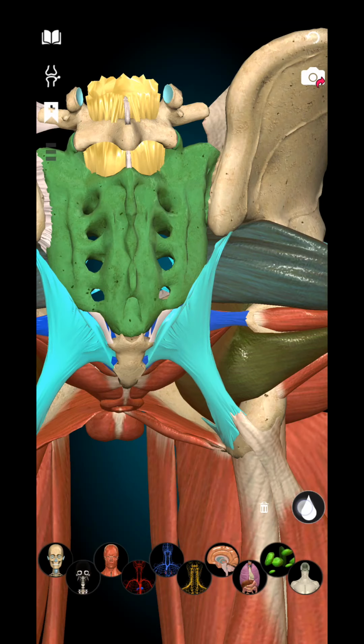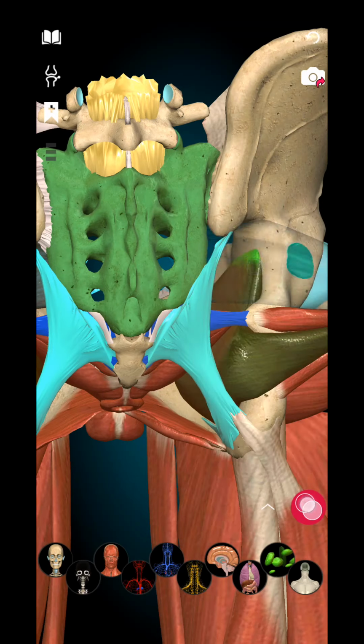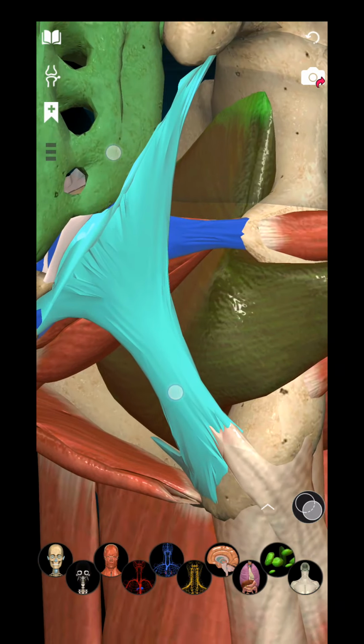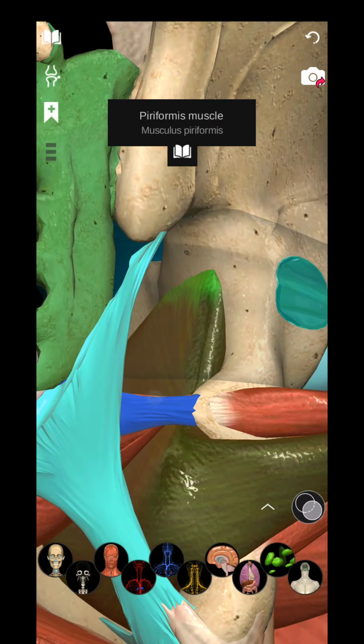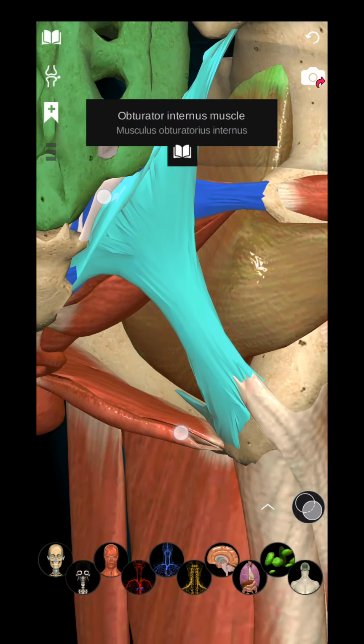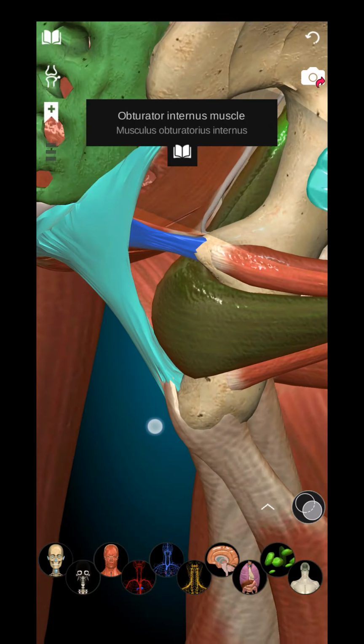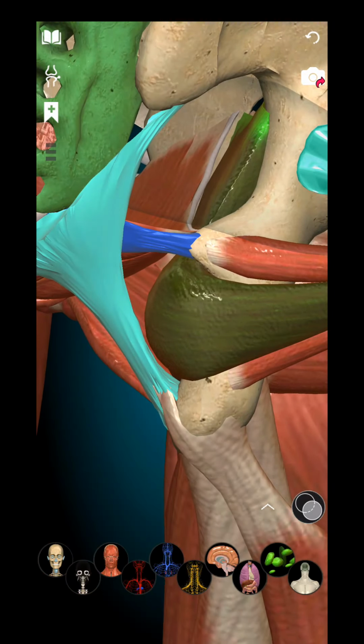Let me make this muscle transparent, totally transparent. So now you see that obturator internus, which extends from here to here, this is the vertical extent of obturator internus. From it, the muscles of the pelvic diaphragm are taking origin.